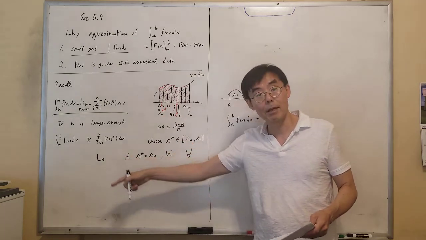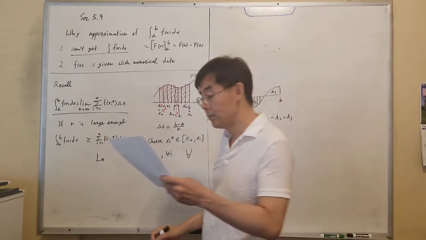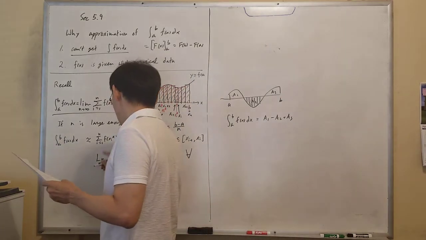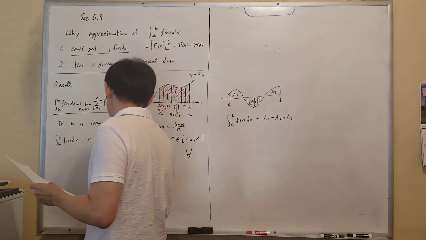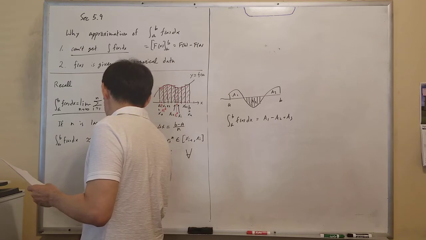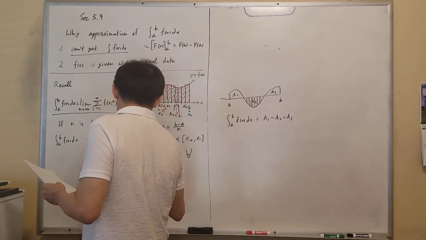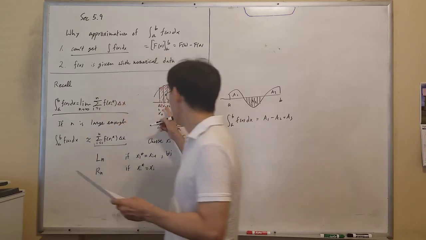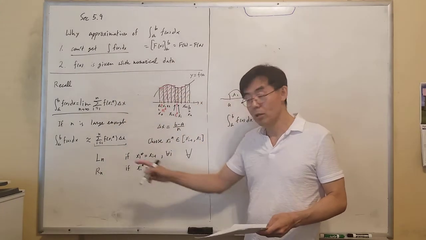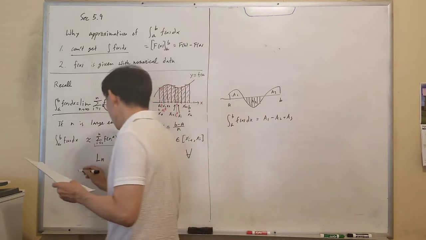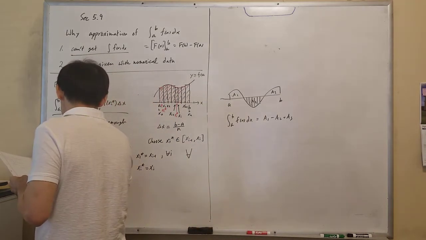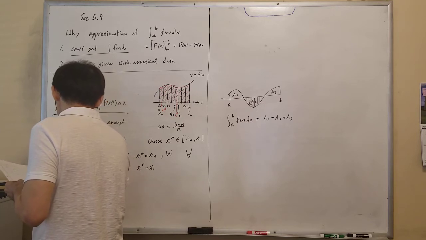That's what L is for, left endpoint, Ln. This other one will be Rn, right endpoints. If we always choose right endpoints, then we call it the right sum. This is called the left sum. This is the right sum.